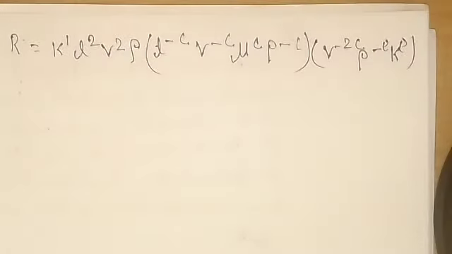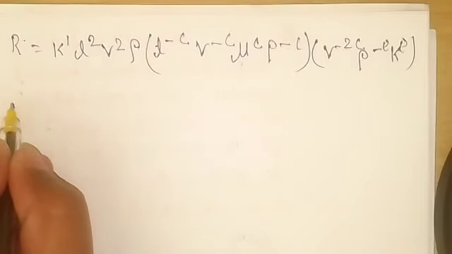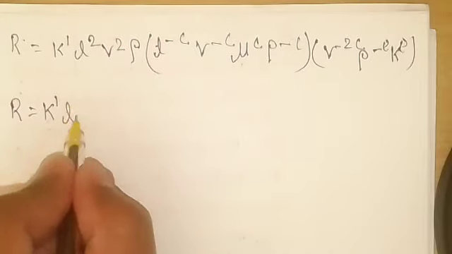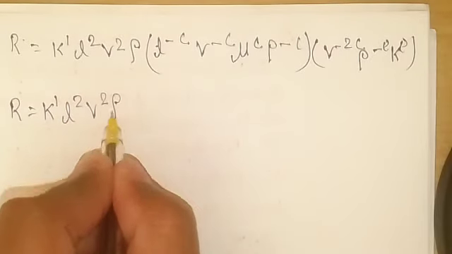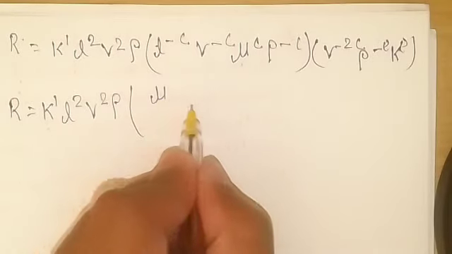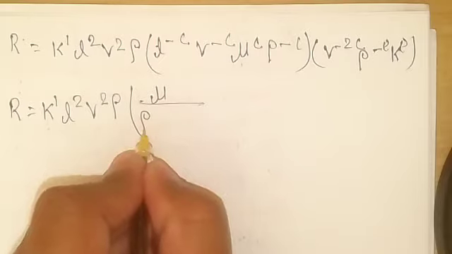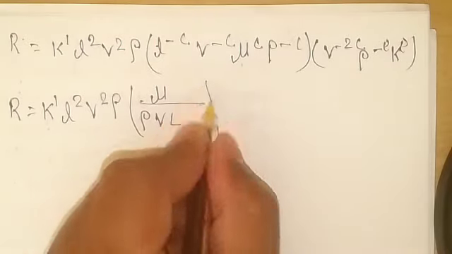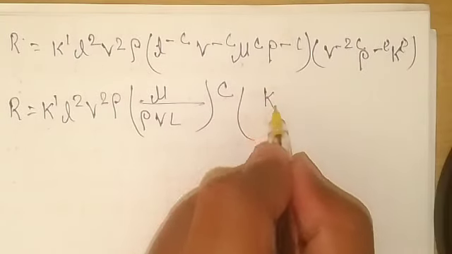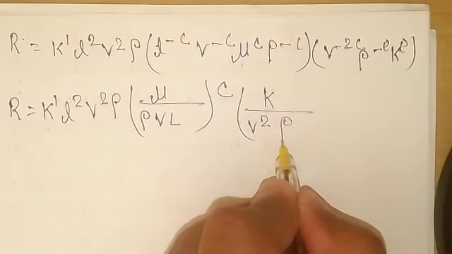Okay, now what we need to do is write this like this: R is equal to k prime, which is constant, and this is L square V square into rho. Then this you can write as mu by L V rho, so rho V L will become the denominator, whole power c, right? Similarly here you have k, so this will come with V square and rho, right?